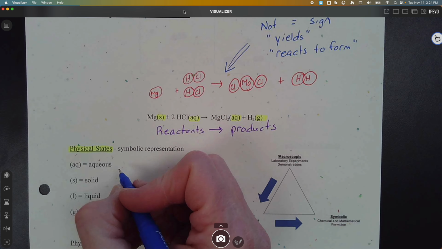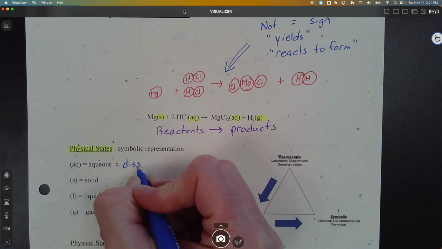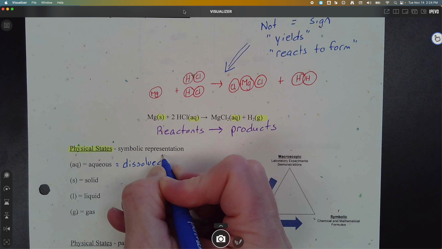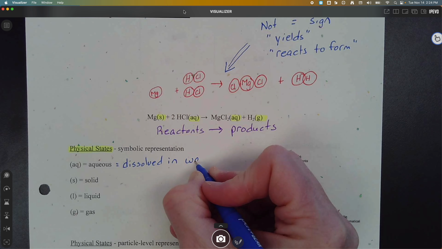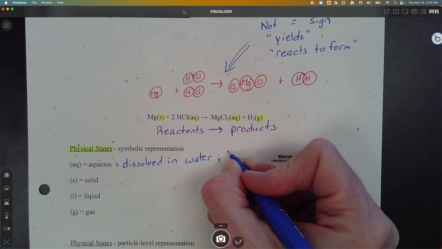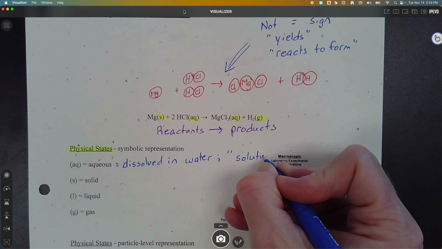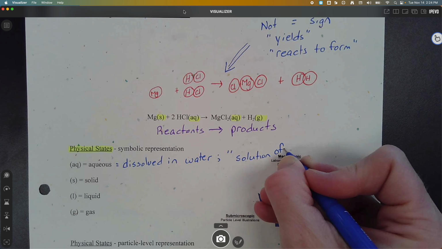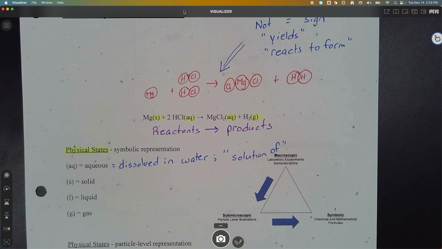We've actually already run into aqueous. Aqueous is dissolved in water. Or sometimes you'll see it written as a solution of. So up here we might say reacts to form a solution of magnesium chloride.